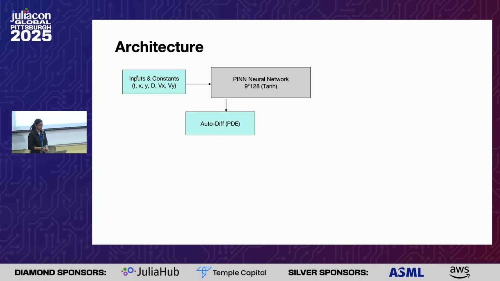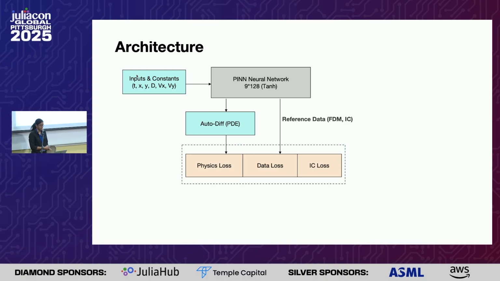We use automatic differentiation to calculate the PDE residual, which forms the physics loss. This is the main point where we check the network's output against the governing physics equation itself.